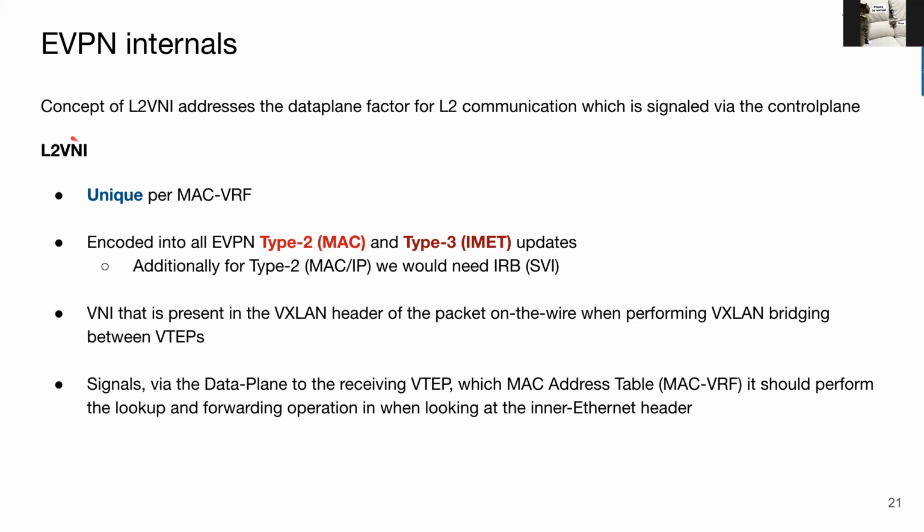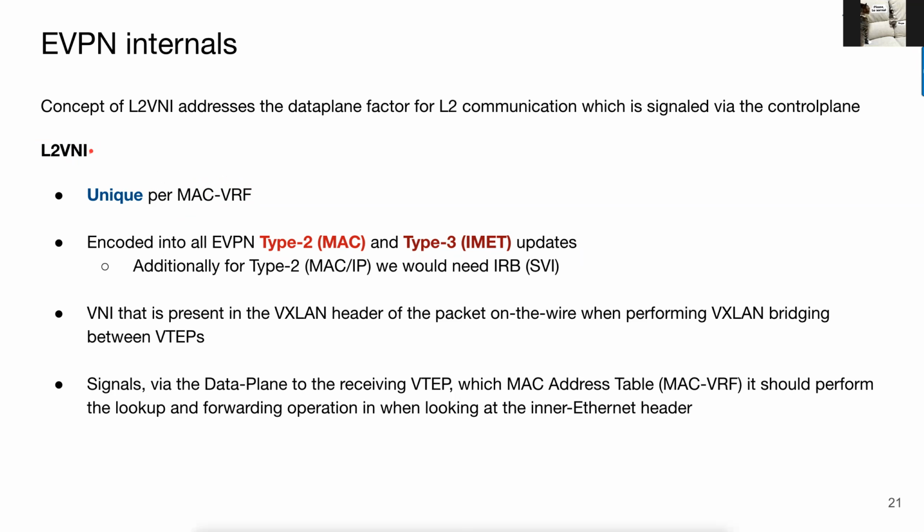What we are going to do is we're going to have our layer 2 VNI, however we could configure it. We could configure a range, or we could configure it individually. These are going to be mapped to this new concept of a MAC VRF. Again, a layer 2 construct where this is providing us information on our data plane forwarding. This is giving us control plane state on our layer 2.